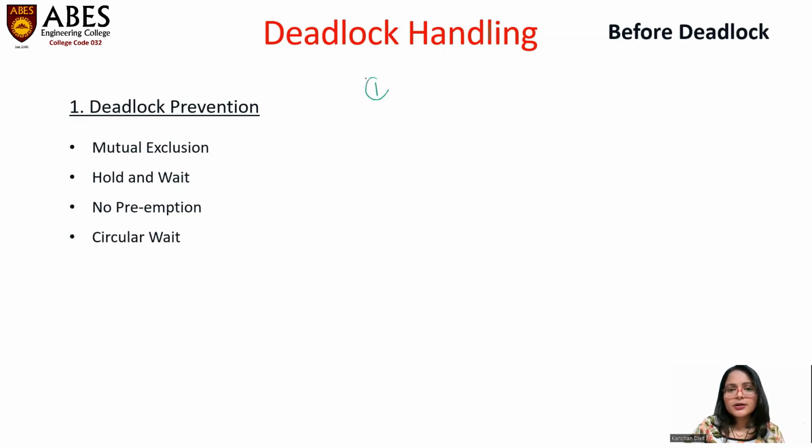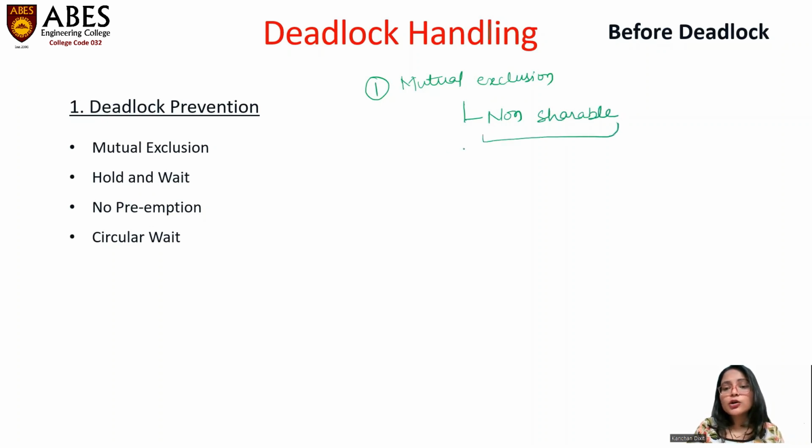For mutual exclusion, the resource is made non-shareable, right? For fulfillment of mutual exclusion, we have non-shareable resources. So what we can do is go for shareable resources. How can we do it?